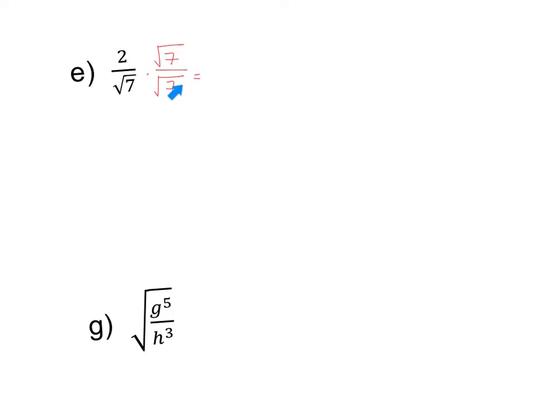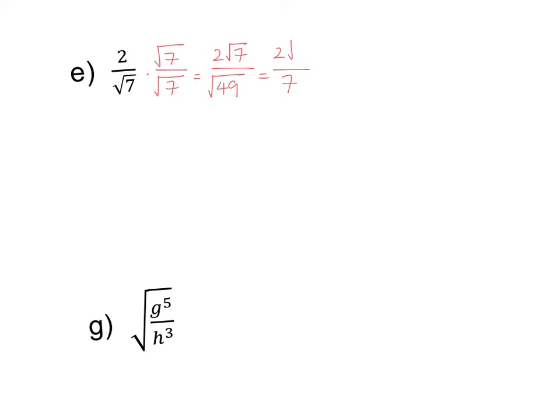Square root of 7 times square root of 7: we learned in multiplication for radicals that you multiply the insides together as long as the roots are the same. So they're both square roots. 7 times 7 is the square root of 49. And then the top, 2 square root of 7, just hops on over, since you don't multiply the insides together. They're different. This is a coefficient and this is a root. But the square root of 49 is simply 7.